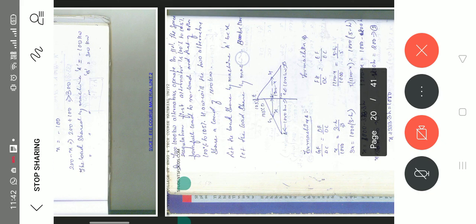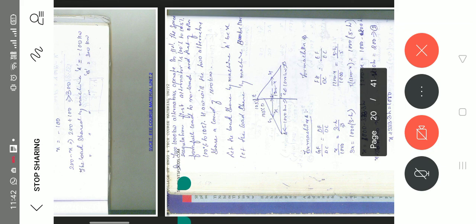All of you try this problem. This fifth problem: two 2000 megawatt alternators operate in parallel. Speed regulation of the first alternator is 100 to 103% from full load to no load, and the other one is 100 to 105%.